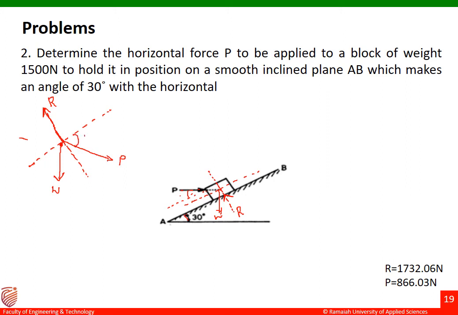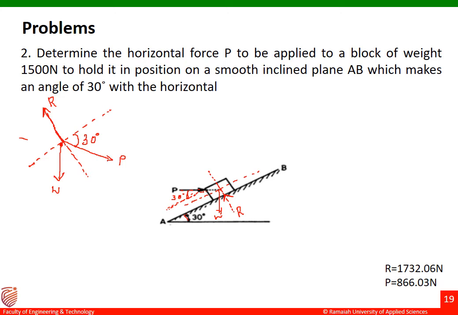So this angle is 30 degrees here. If this is 30, this angle is also 30 there. I'll drop a perpendicular from the surface of the block. That is 30, and this side will also be 30. So the angle between P and horizontal is 30 degrees.